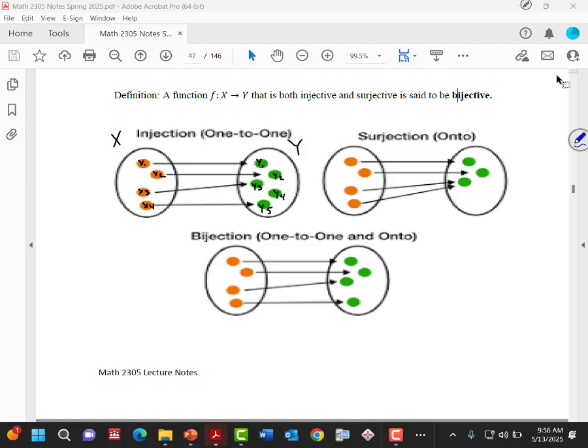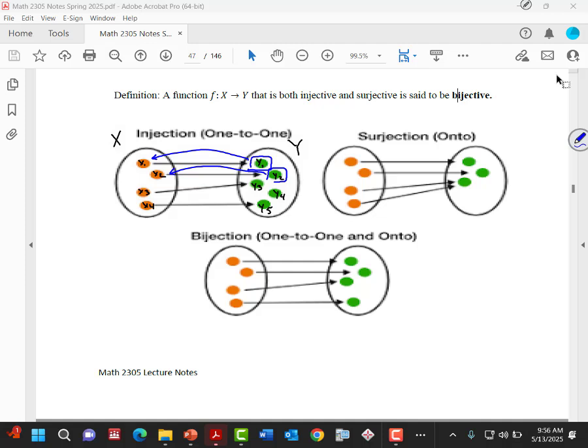Now, this is why this is said to be one-to-one. Take a look at this y1 in the codomain. He is relating to only one member, x1, back in the domain. Take a look at y2. He is the output for only one member, x2, in the domain.